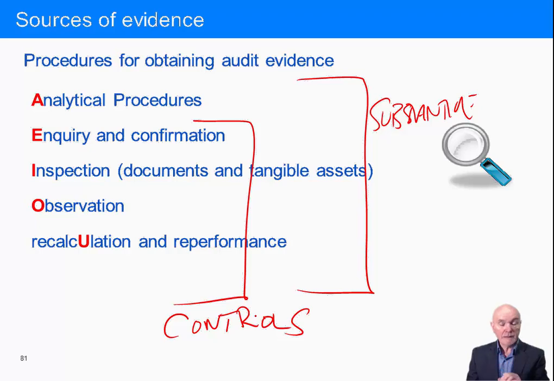I said not very good maybe, but at least you can inquire. You can inspect documents for signatures and stamps and so on, evidence that they have been approved. You can observe people carrying out the controls. You can recalculate, for example, the bank reconciliations to ensure that the person who has been told to do a monthly bank reconciliation is actually doing it properly.